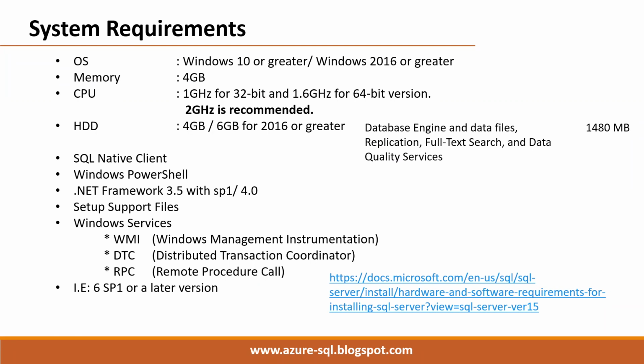First one is the OS, Windows 10 or any higher version. In general, in our local machine, our laptop, we are going with Windows 10. But in production, remember we can't use Windows 10 or Windows 7.